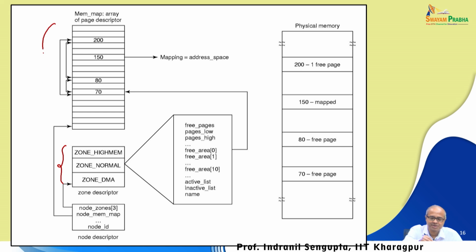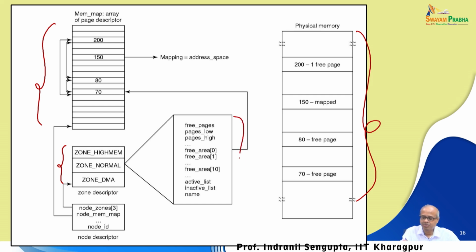This is your memory map, where all the pages are mapped and so on. This is your physical memory where those pages are loaded, and in this zone descriptor you maintain a lot of information. The Linux operating system maintains a lot of information about the zones, like what the free areas are, the minimum page number, the maximum page number, how many free pages there are, and so on.